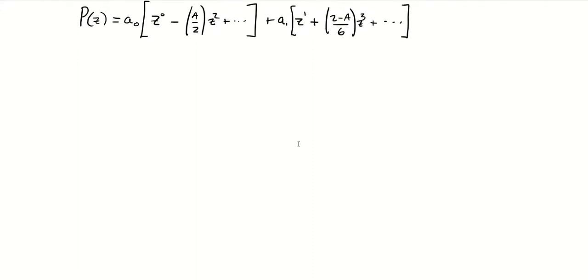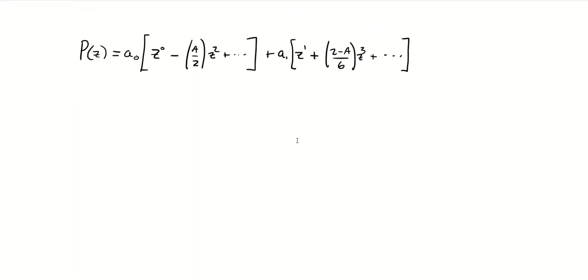And if we look at our recursion relation, we have a sub n plus 2 equal to a sub n times (n times (n plus 1) minus a) over (n plus 2)(n plus 1).